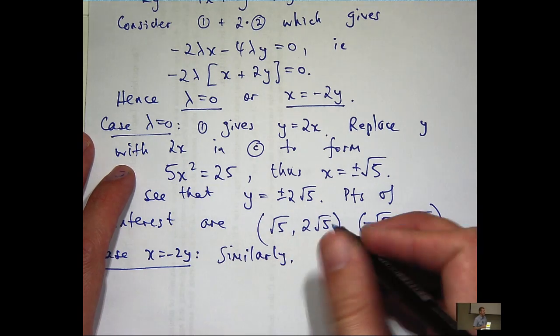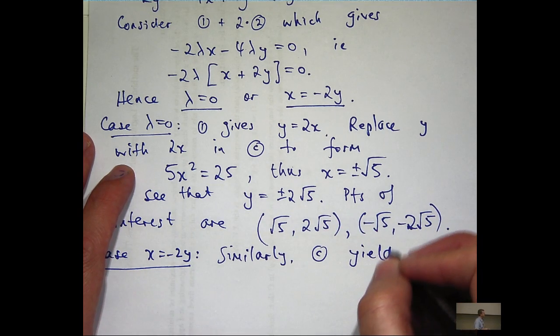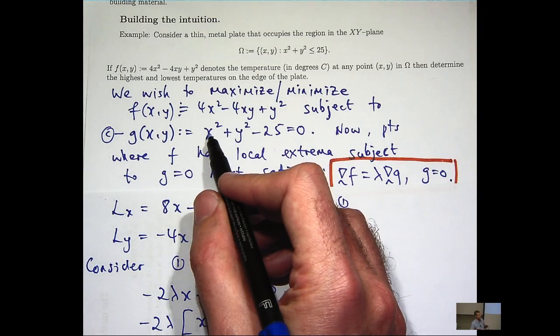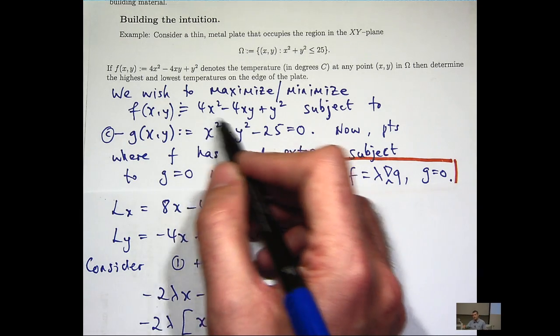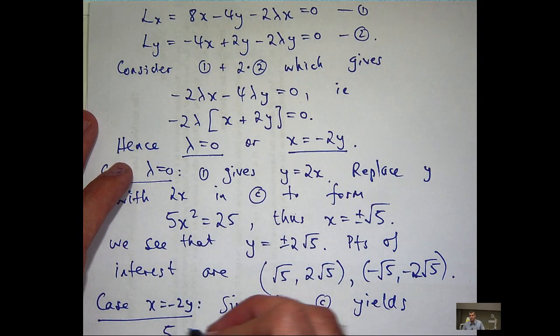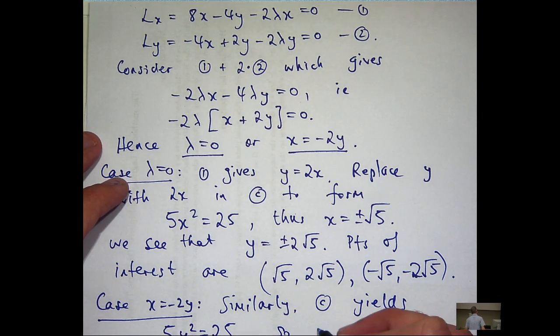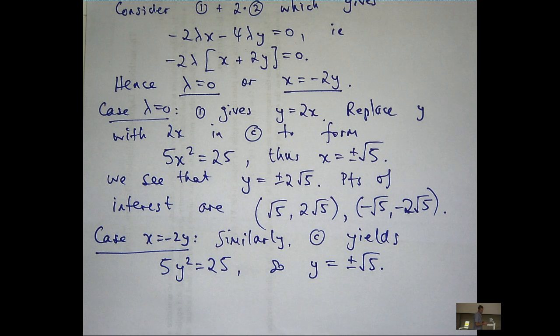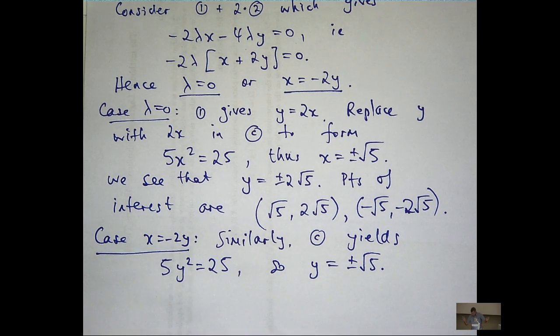So similarly, the constraint yields the following. Well, we're going to replace x with minus 2y, squared, so that's going to come to 4y squared, so we're going to get something very similar to the previous case. Okay, well, if y equals positive or negative root 5, then I can get x from here.